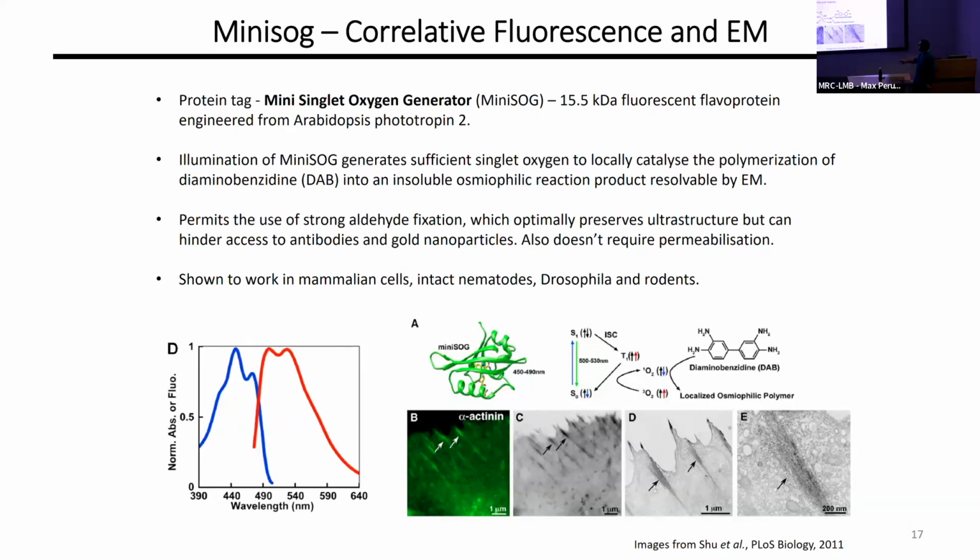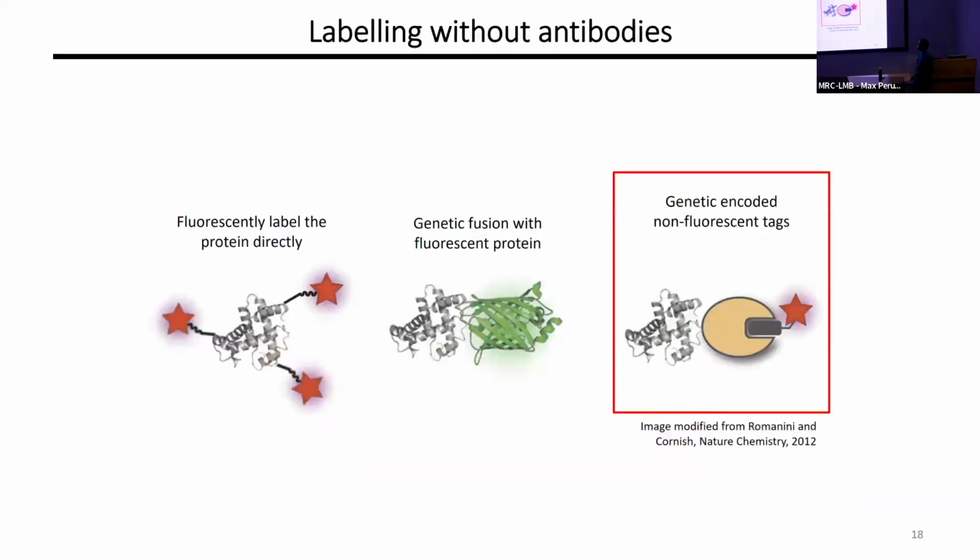This protein tag will catalyze a reaction of DAB, which is a staining that can be used for electron microscopy. So wherever you have the green fluorescence, you'll also have DAB staining later on, after the process of DAB staining. So this is good once again for correlative light and electron microscopy.